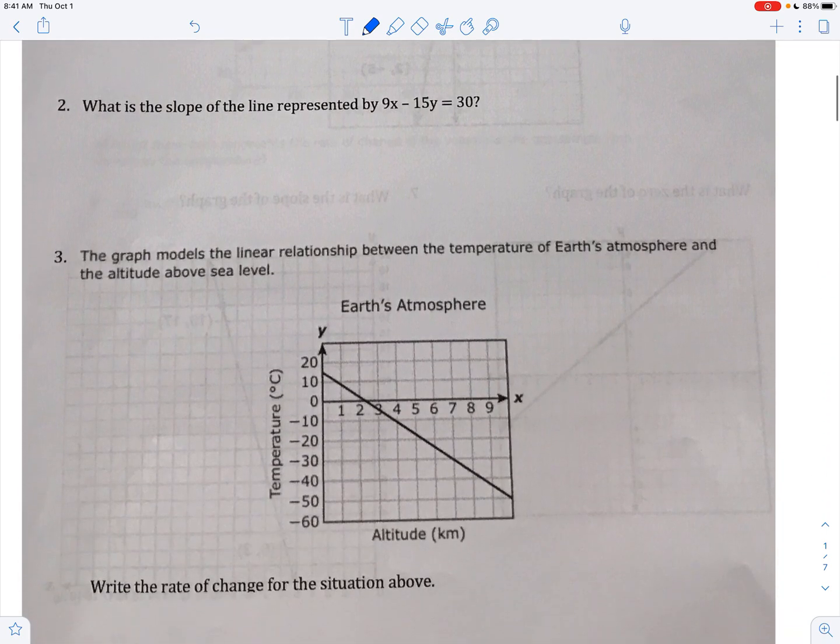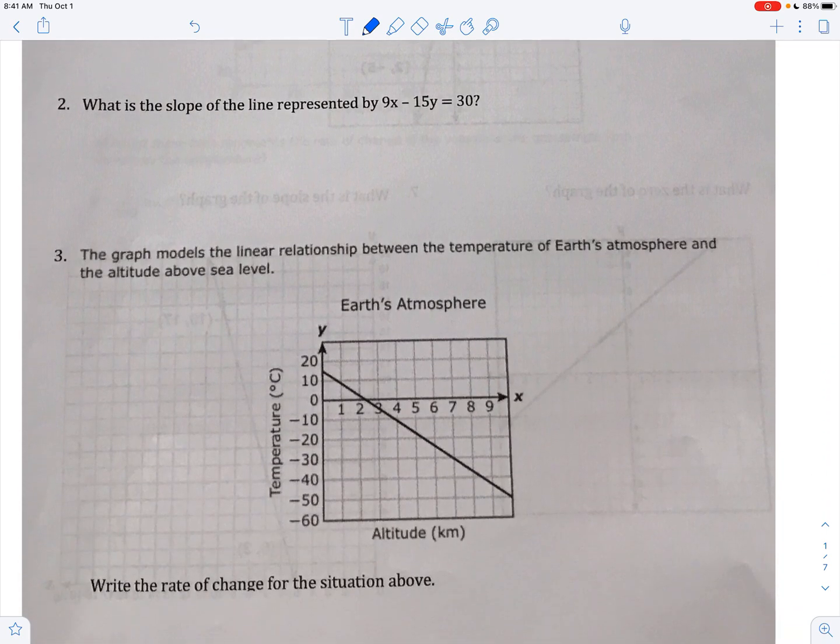Number 2 says, what is the slope of the line represented by 9x minus 15y equals 30? Note, it's asking for the slope here, and this is standard form. Remember from our notes, if we have anything in the form ax plus by equals c, then that's standard form. So to determine the slope, we take -a and divide it by b.